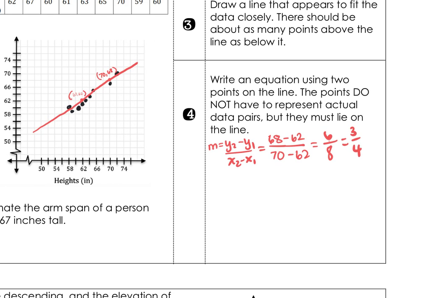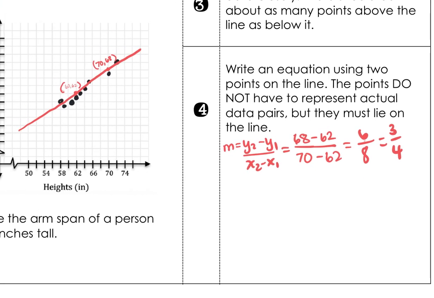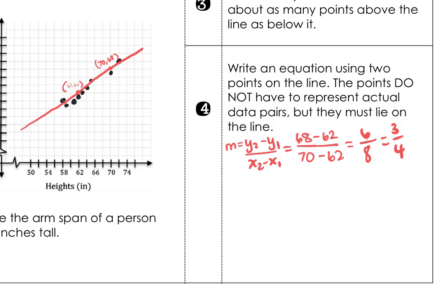Okay, so now I have my slope. And now that I have my slope and I've got some points, I can easily use that point slope formula and write my equation in y equals mx plus b. So I will use, I don't know, I'll use the 70, 68 point. If you want to use the 62, 62, you can.